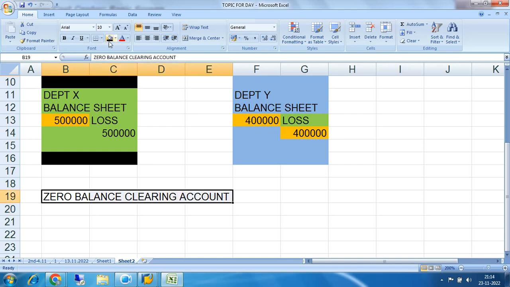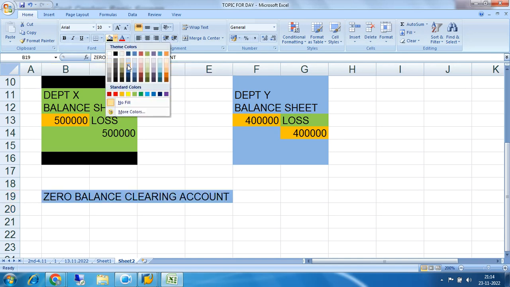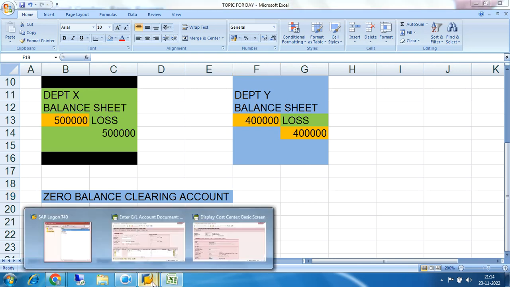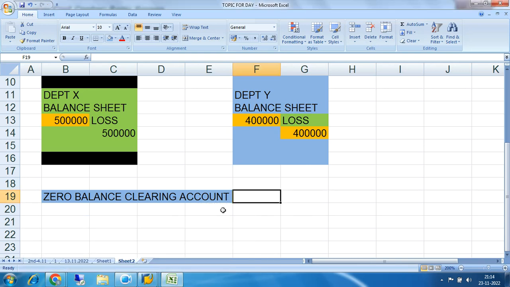Have you ever noticed that in your organization there is a GL account called zero balance clearing account? Have you noticed? Yes, sir. Do you know what is the use of this?